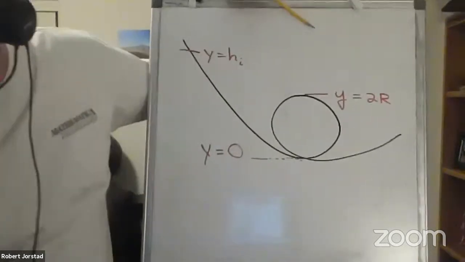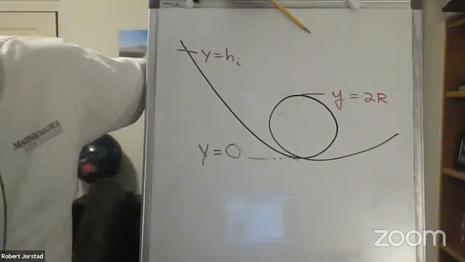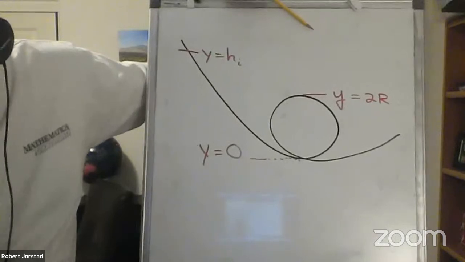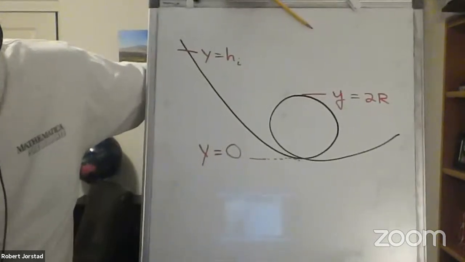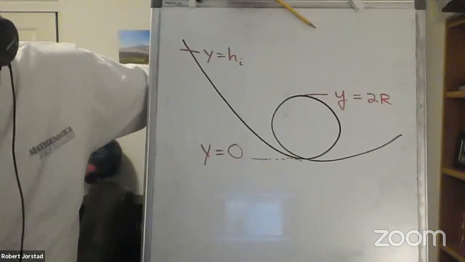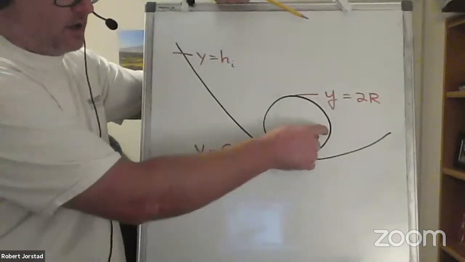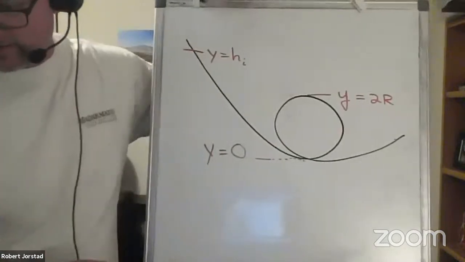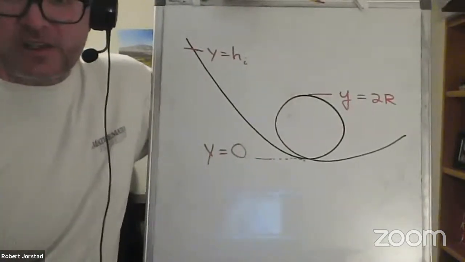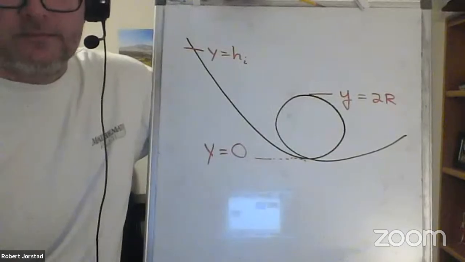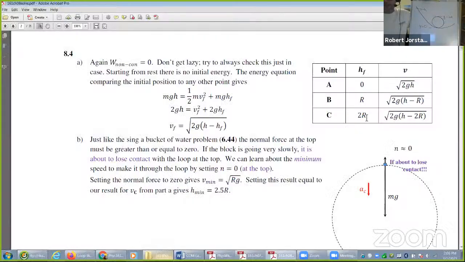If you look at problem 8.4 in my workbook, you can see that this is 0, this height is r, this height is 2r. That's the thing you've got to worry about. Going back to the solution, point C was at height 2r. Notice we could get these speeds from an energy equation.